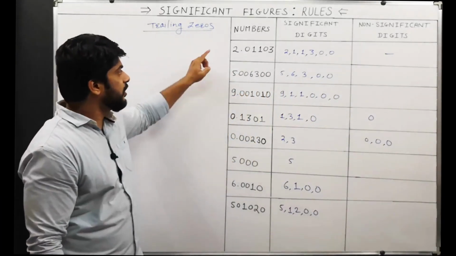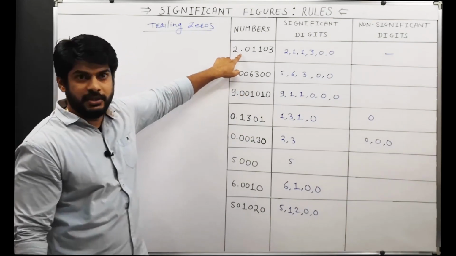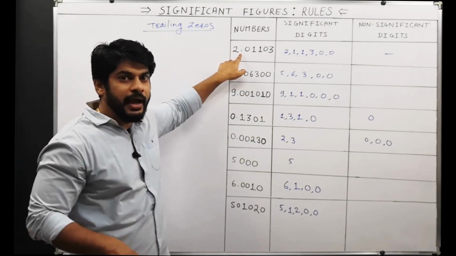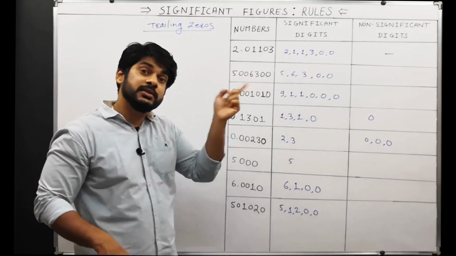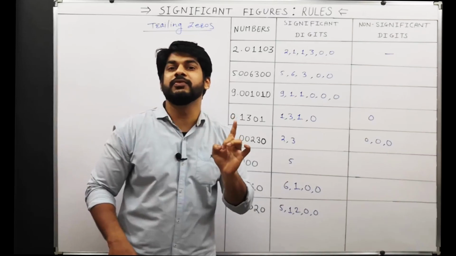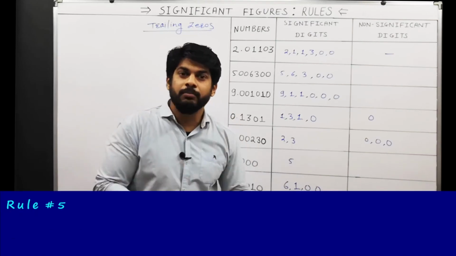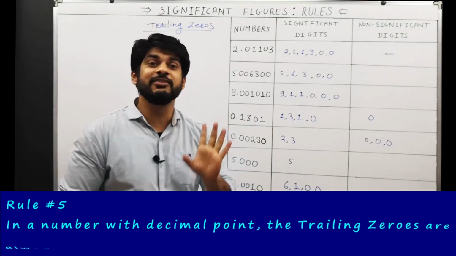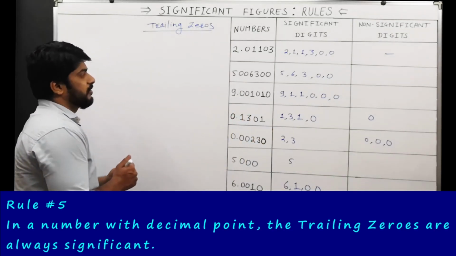So it's very simple. If there is a decimal point, and if such a number has a trailing zero, then that zero is significant. So in a number with a decimal point, the trailing zeros are significant. Let's check.